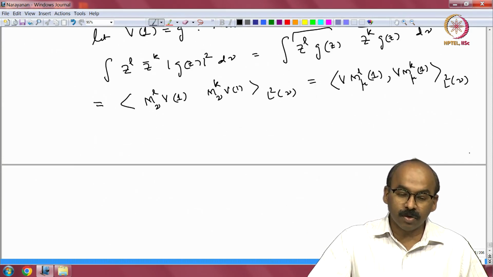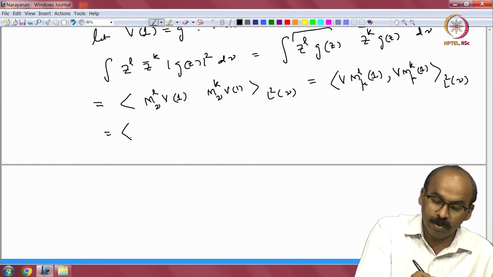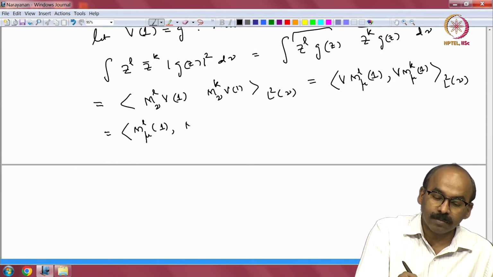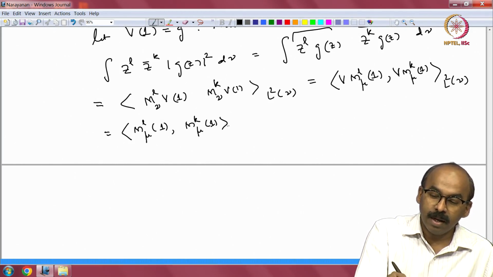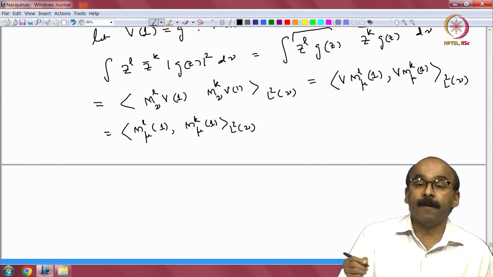Now, V is unitary, so V disappears as in the earlier proof, but I have m mu to the L constant function 1, m mu to the k constant function 1, inner product with L2 of nu.